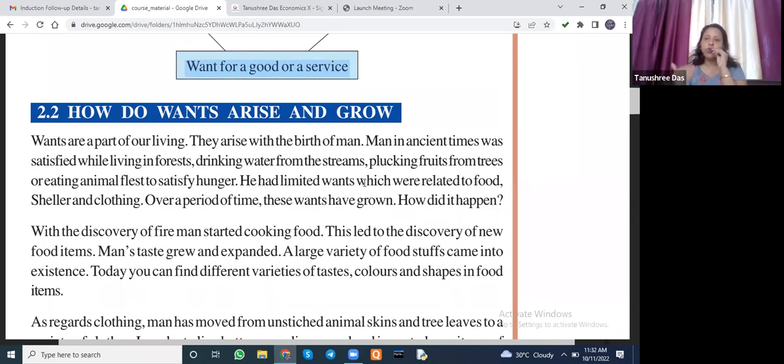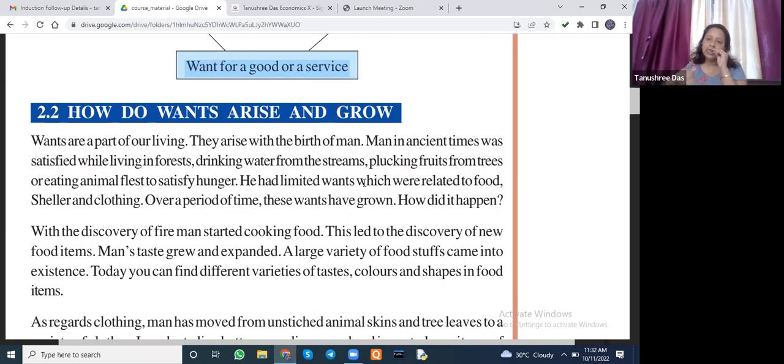These are the basic biological needs, the hunger, the thirst, the sleep which we need. These biological needs are associated with us since birth. So when we want to satisfy those biological needs, we want certain commodities. That is the reason the want arises.